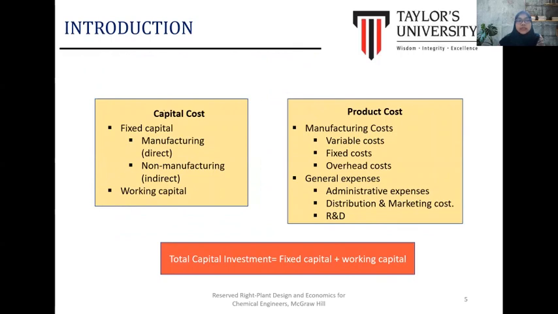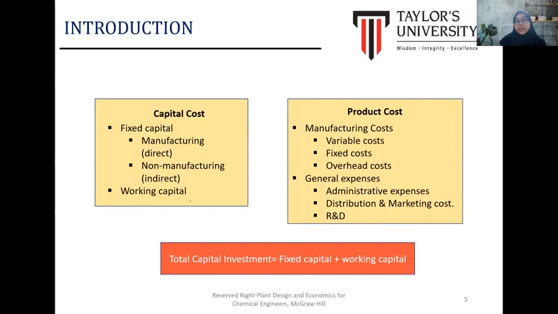As an introduction, the cost can be divided into capital and product cost, but in this part we will cover mostly the capital cost. The capital cost can be classified into fixed and working capital. The fixed cost is categorized into manufacturing, known as direct, and indirect cost.